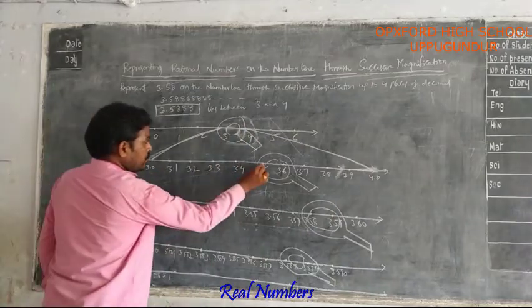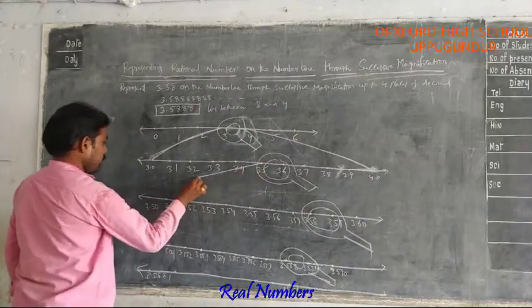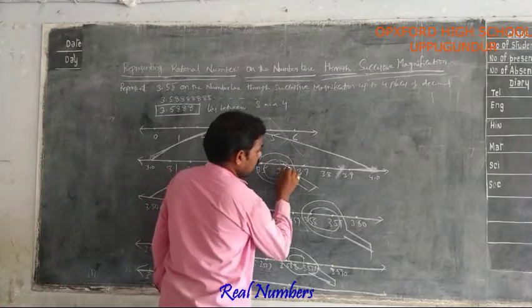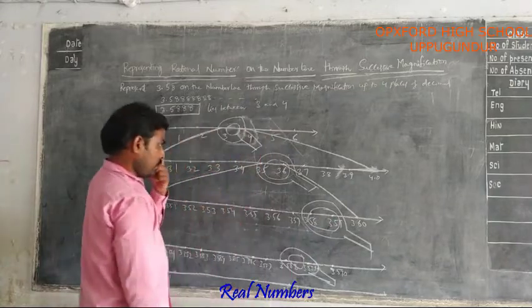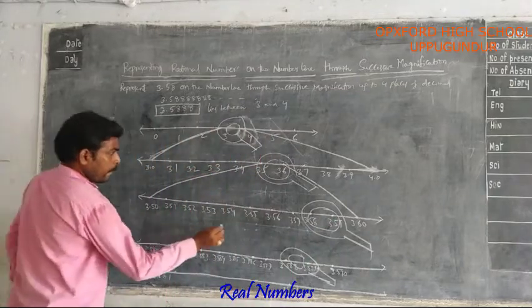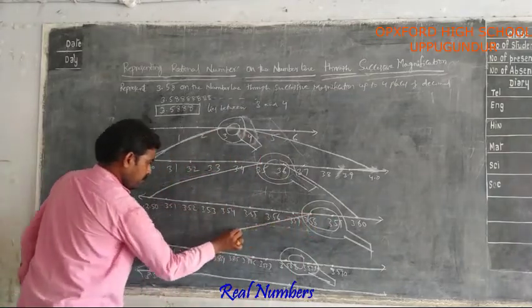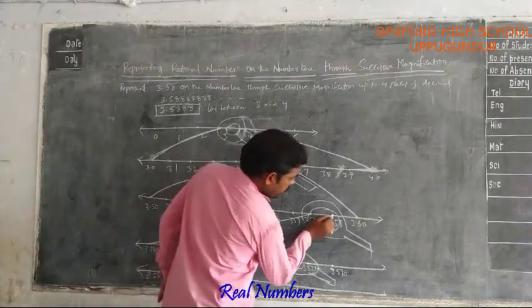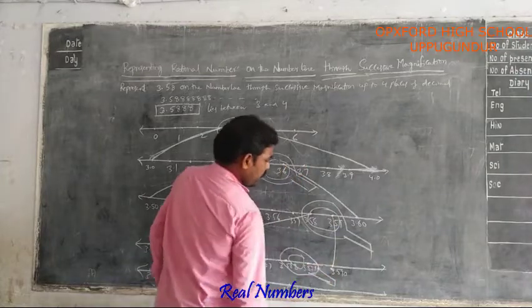Again 3.5 and 3.6 into 10 equal parts. Again 3.58 and 3.59 into 10 equal parts.